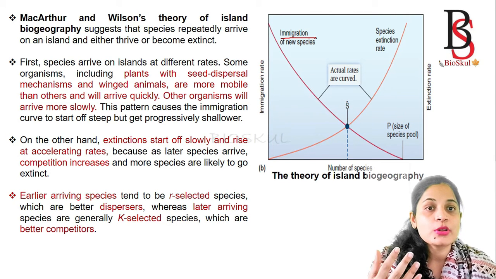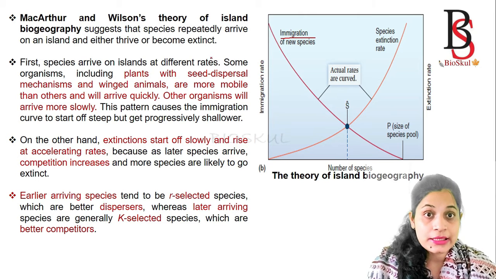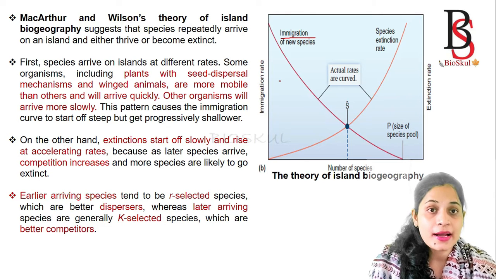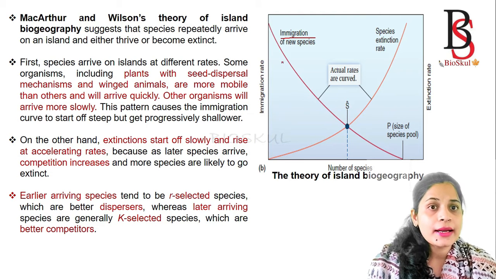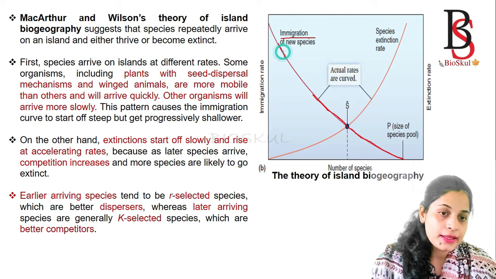Winged animals, and plants with seed dispersal mechanisms, arrive on the island more quickly, and other species may arrive at a later stage. That's why the immigration rate is graphically represented by a curve.